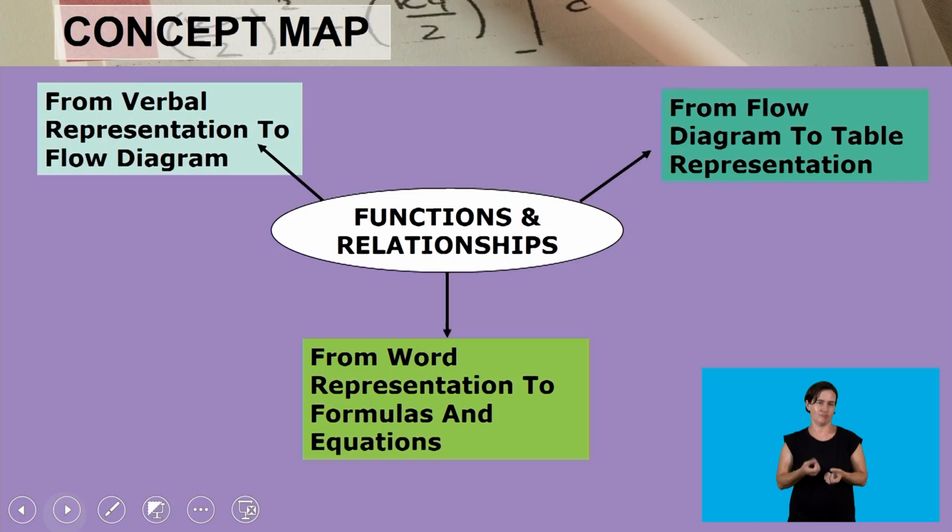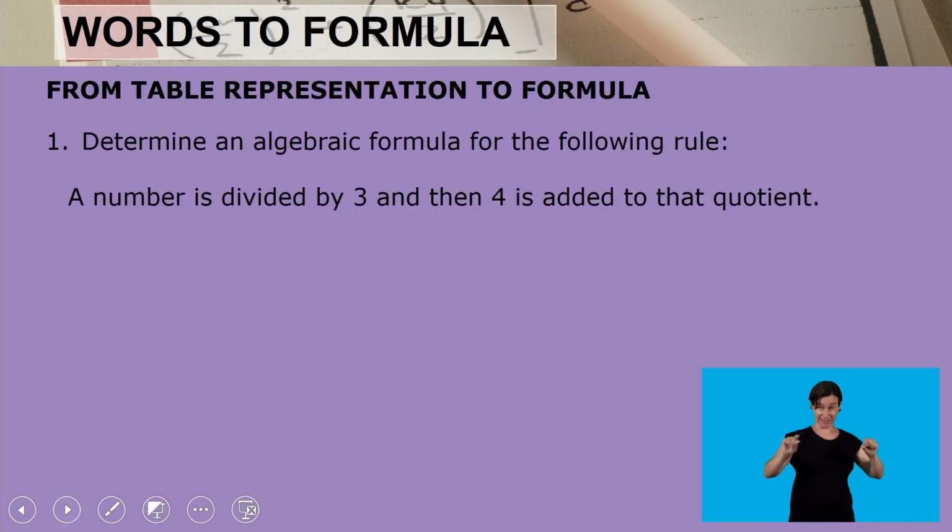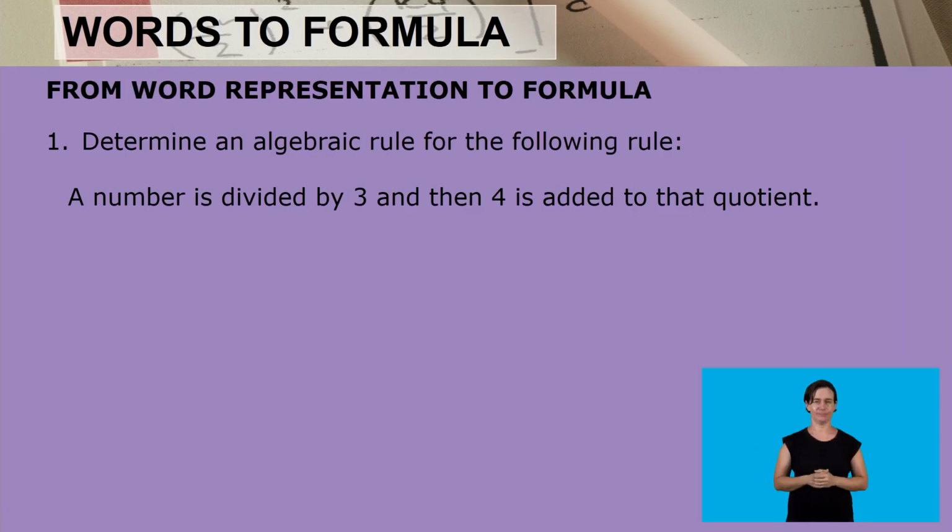Let's end off with the last concept in our concept map, and that is from word representation to formulas or equations. So the first one there says, determine an algebraic rule for the following rule. It says there a number is divided by 3 and then 4 is added to the quotient. So we know that this rule is going to result in the output.